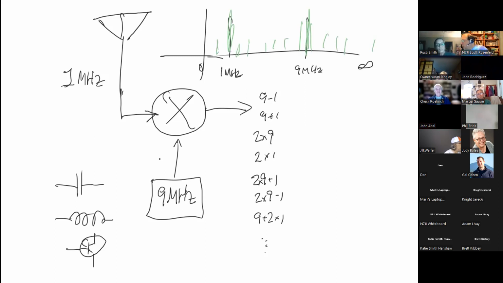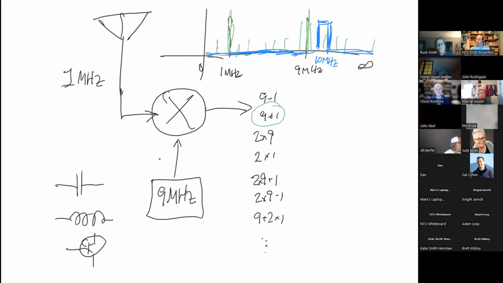Well, I know that I want this, for instance, 9 plus 1, which is 10. So how would I go about trapping those? I would build myself a filter with a center frequency of 10 megahertz. And how do you build a filter?